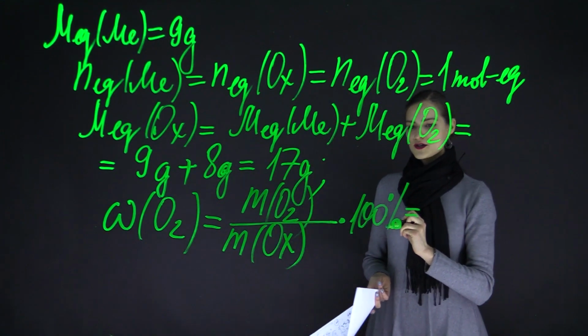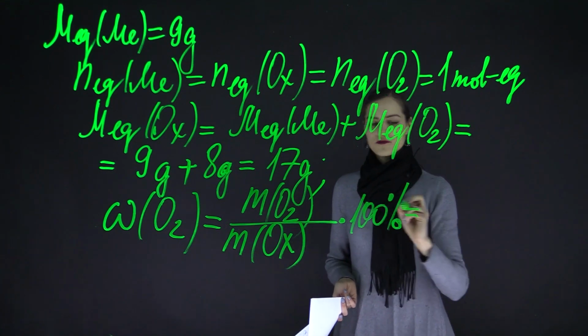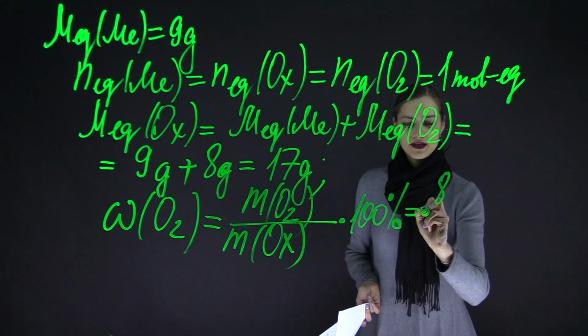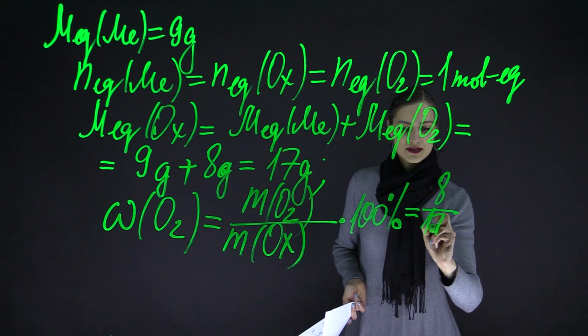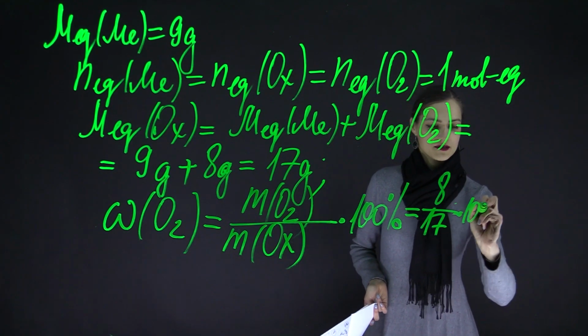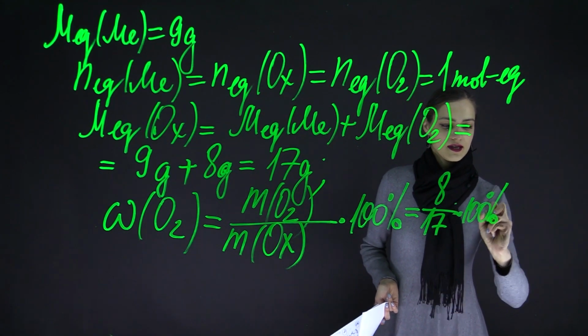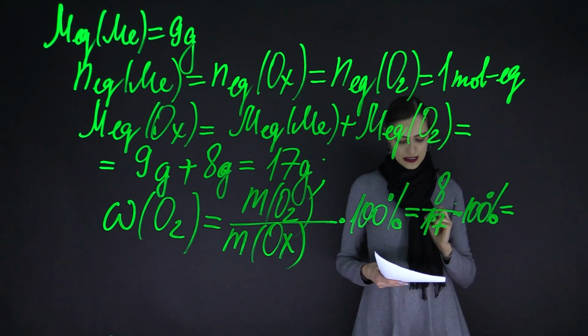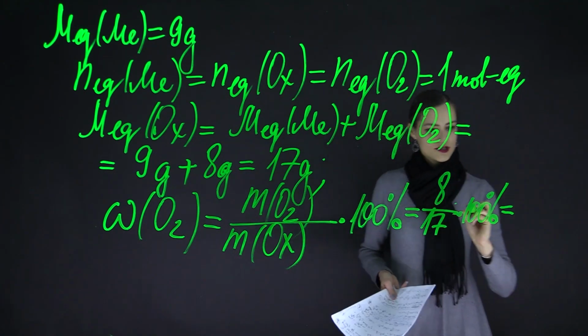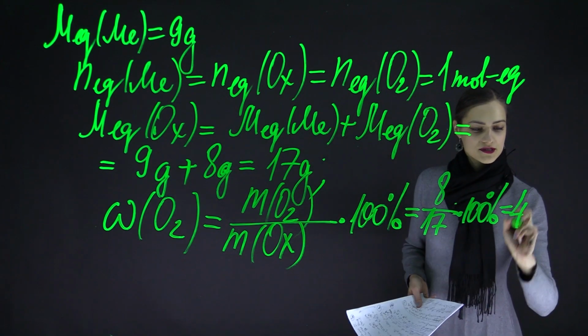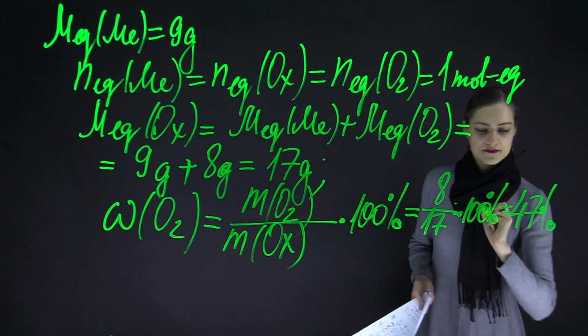So in our situation, the mass of oxygen is 8, the mass of oxide 17, multiplied by 100, and in this situation the mass fraction for oxygen is exactly 47%.